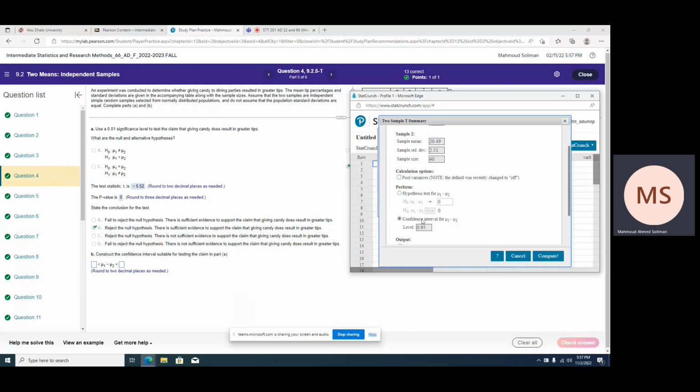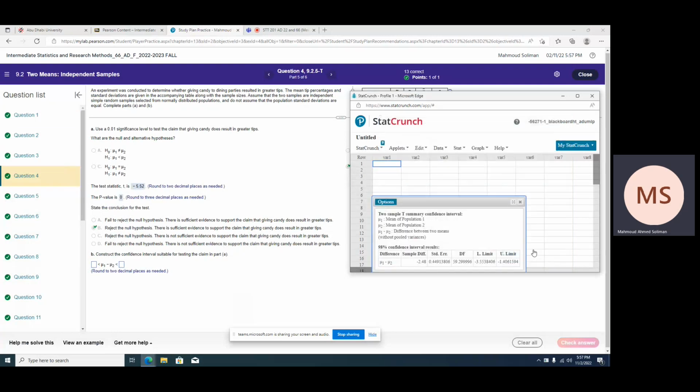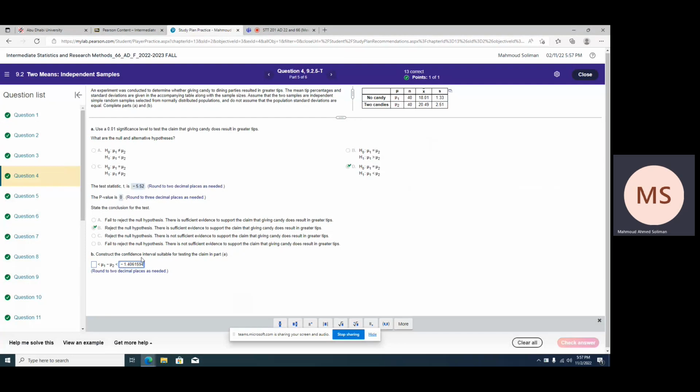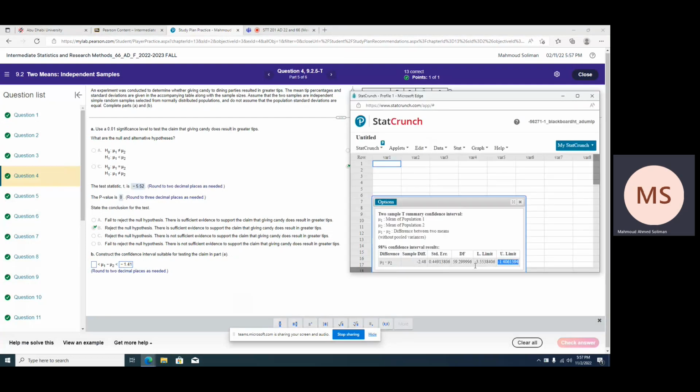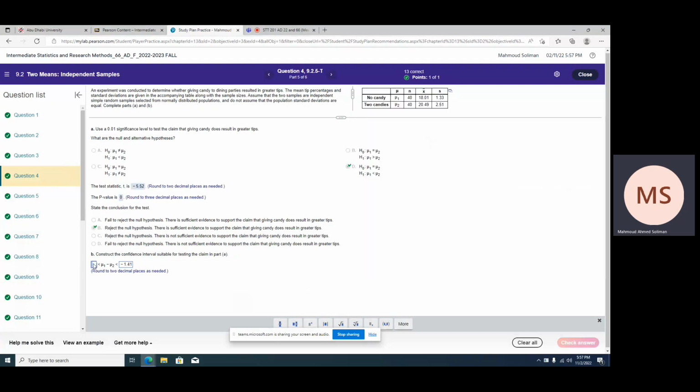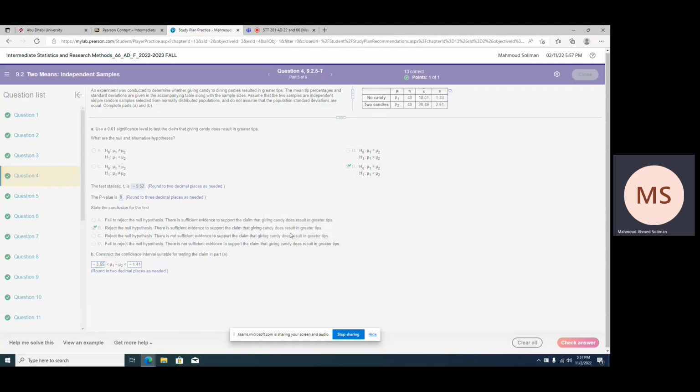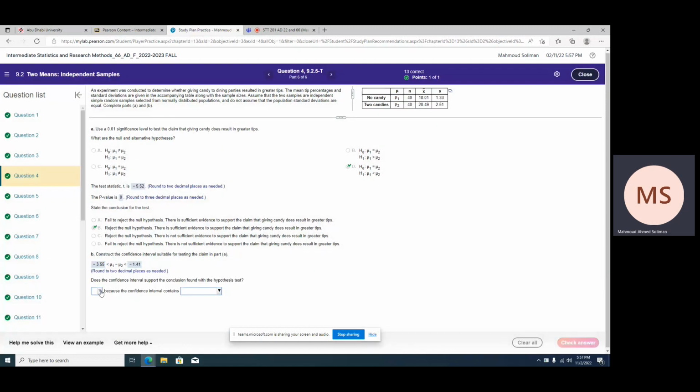So 1 minus alpha will get 98. So we copy this one, and then round up to 2 decimals. Here, same thing. So the confidence interval has the same result.